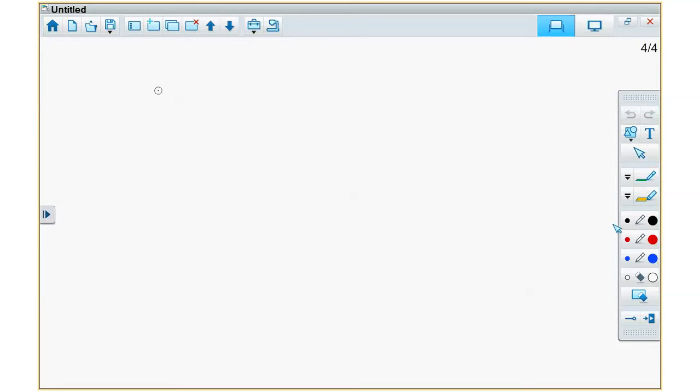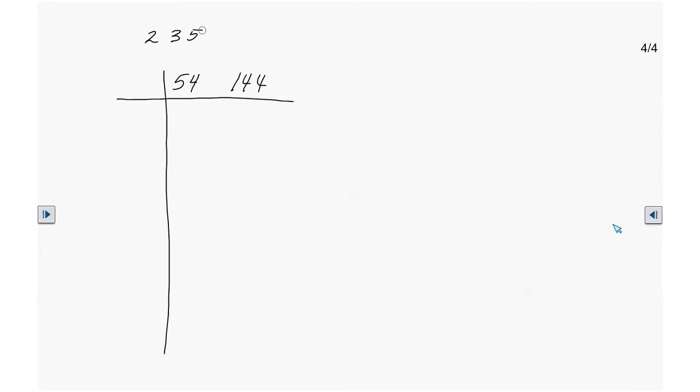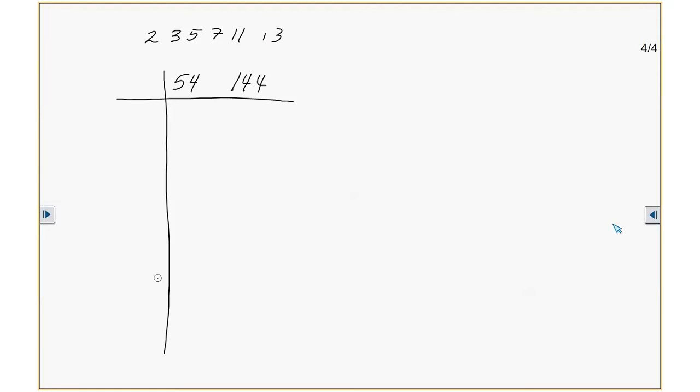All right, here we go. 54 and 144. Some of you have never seen this before. You might have seen it with a factor tree, but that doesn't do as well.